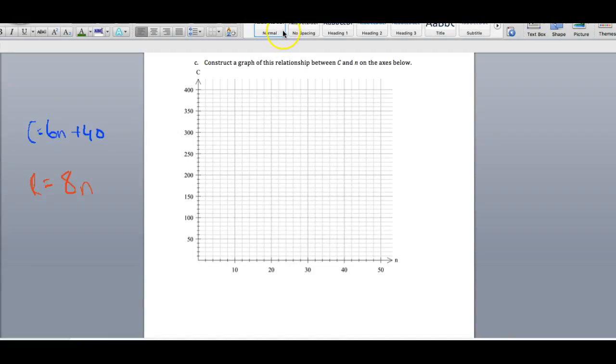Okay, so we'll do the cost in blue, even though I did it in red before. So it was at 40. And then the other one, our red one, y-intercept is at 0, so I start at 0 and the end point is at 400 because 8 times 50 is 400.